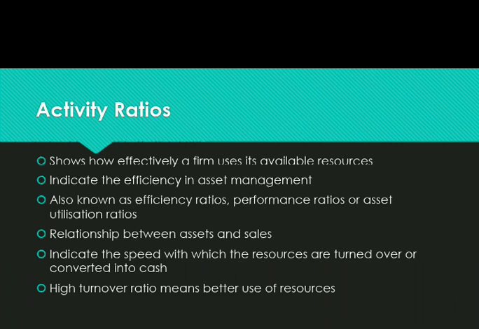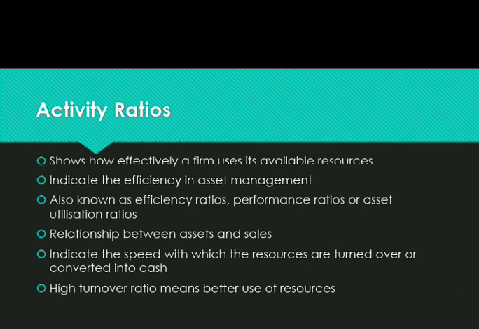The first is activity ratios. This activity ratio shows how effectively a firm uses its available resources or assets. These ratios indicate the efficiency in asset management.